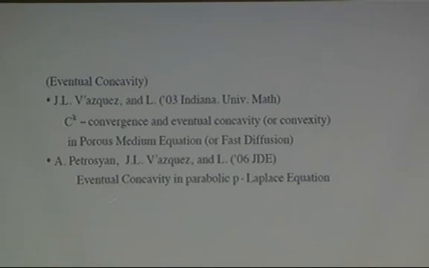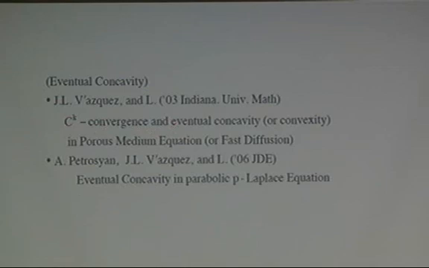And that is eventual concavity. This one is really related with regularity, basically, because the control of the second differential tells you the geometry structure. So we basically showed C^k convergence of the general solution to my self-similar solution.